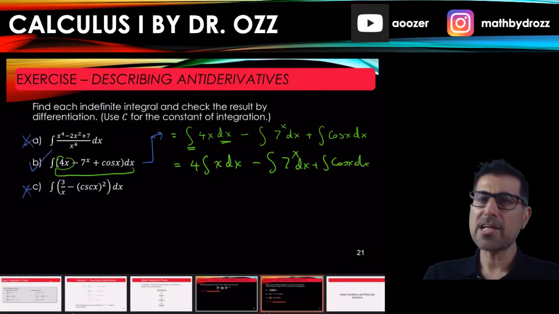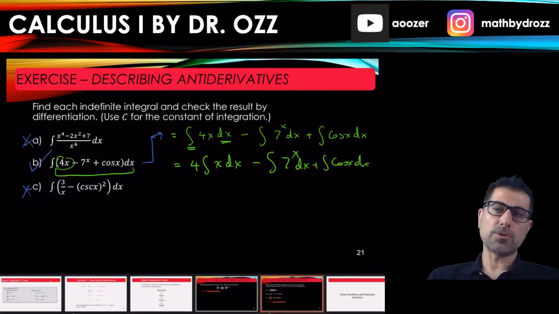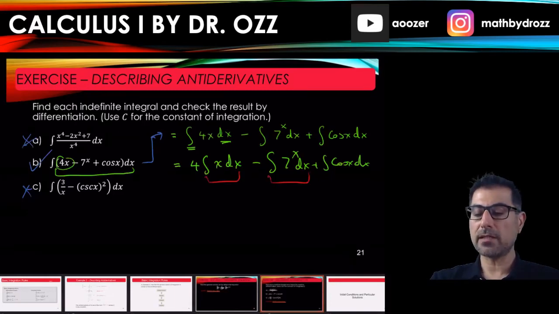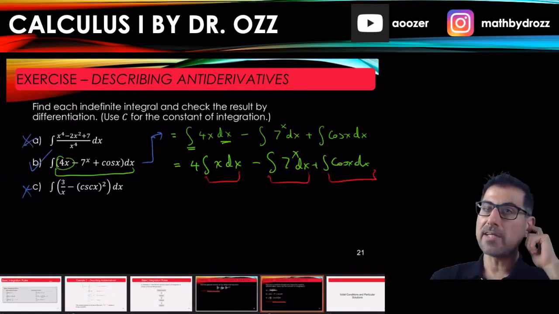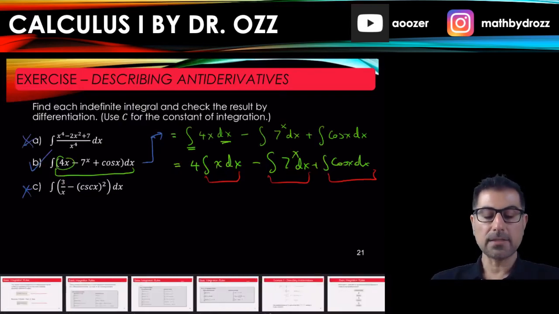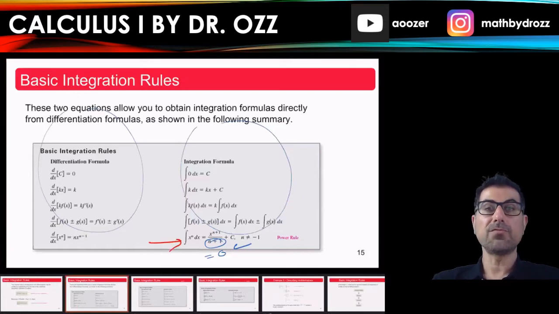The whole rationale in the divide and conquer technique is that once you split everything, individual pieces should be integrated by using the tables that we had in the previous slides. For example, we have x dx. I know that the power rule for integration is going to cover that.